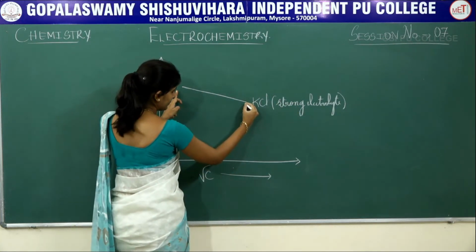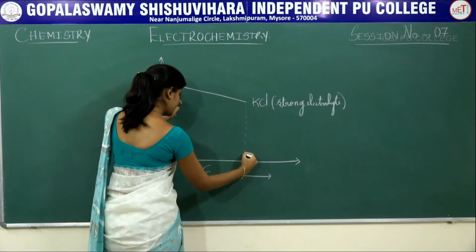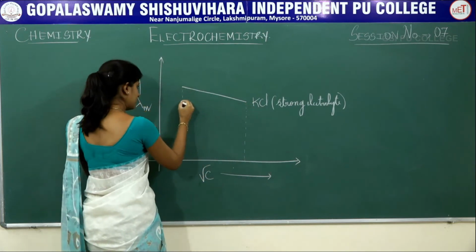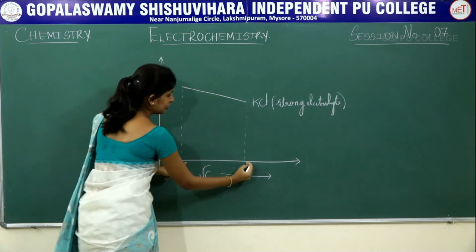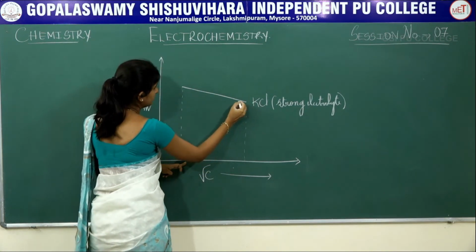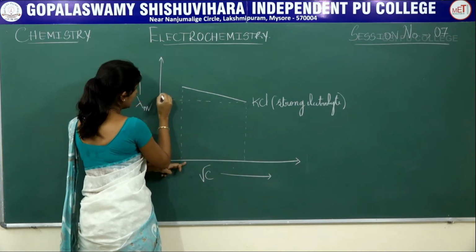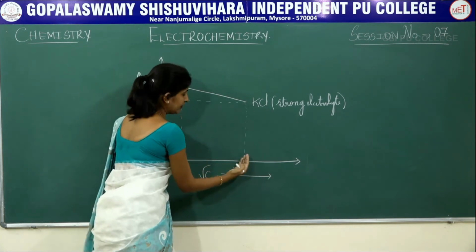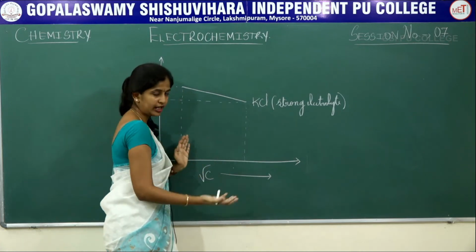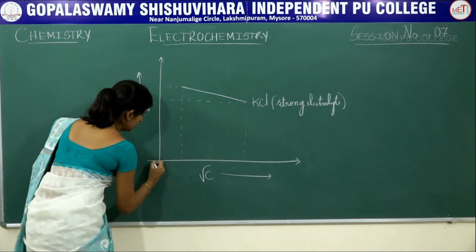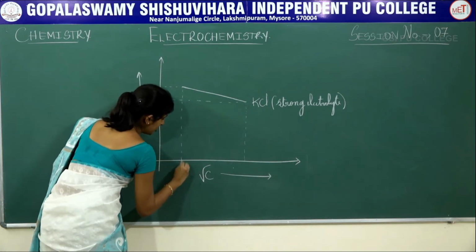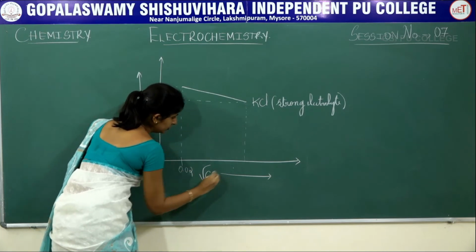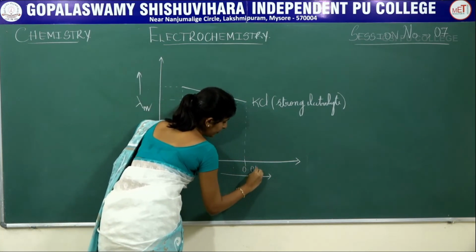You can observe here, this is the extent of dilution, but the increase in conductance is very small. Remember, from right to left we are diluting, that is the concentration becomes 0 here. Say this is about 0.02, this is about 0.04.